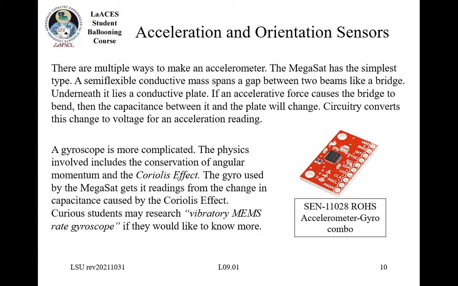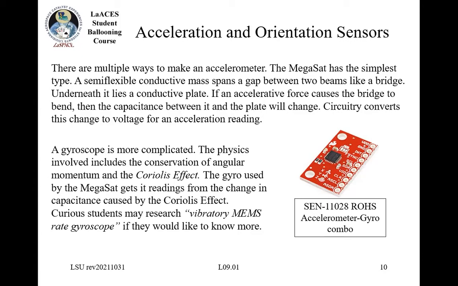What that does is basically measure rotation about the axes, and they'll give you a readout in degrees per unit time, like degrees per second. And that's how quickly it's rotating about that X, Y, and Z axis.